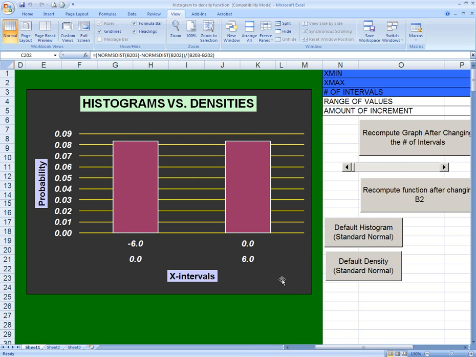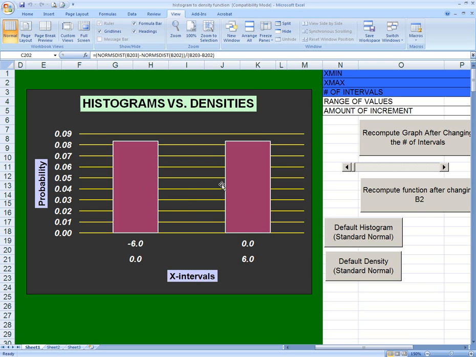Basically, a histogram is just a way to take continuous data and represent the number of outcomes that you have in a certain interval, say here in the interval from -6 to 0, and in the interval from 0 to 6, and with bars represent how many outcomes are in each interval.